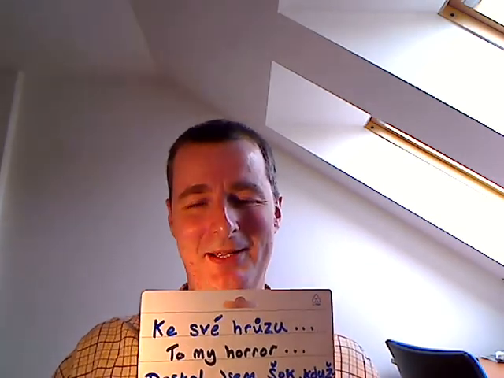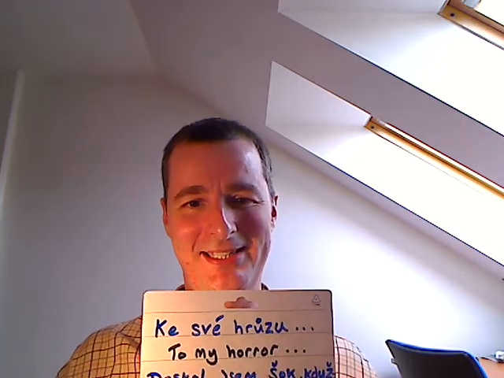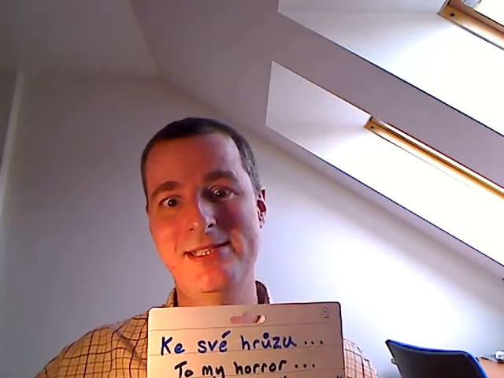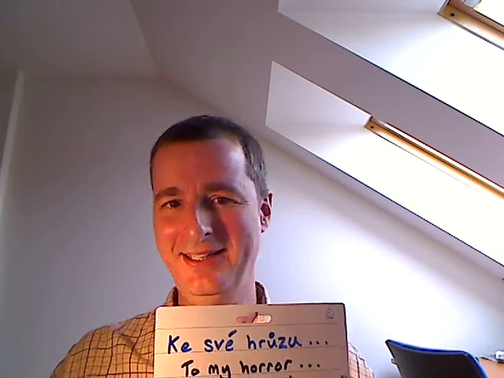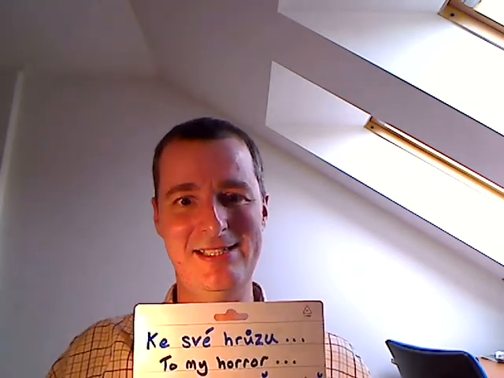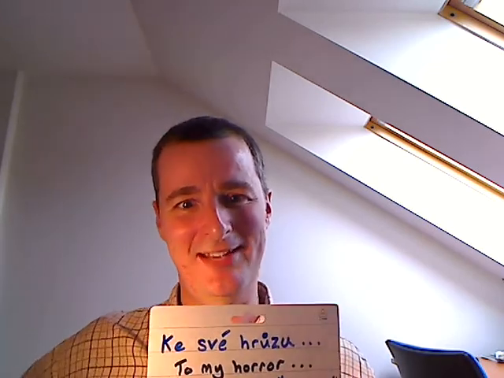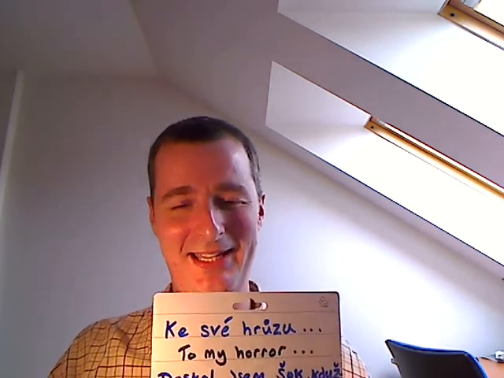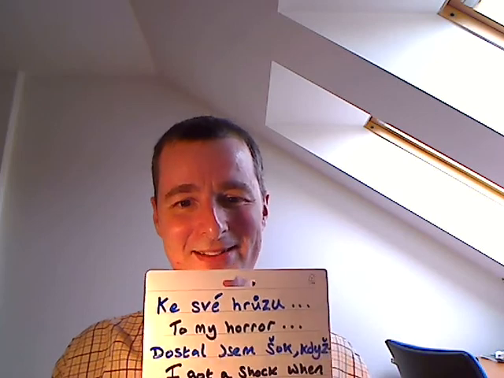So, to my horror, my boss said that I have to work next weekend. If I just said, my boss said I have to work next weekend, you're not showing anything about your personal feeling, but to put in front of it, ke své hrůze, můj šéf řekl, že... It really shows that you care about it.